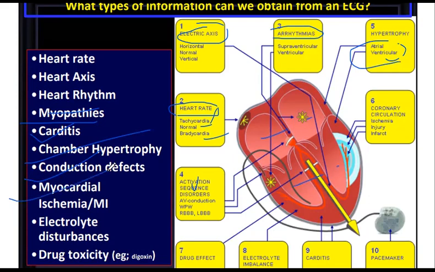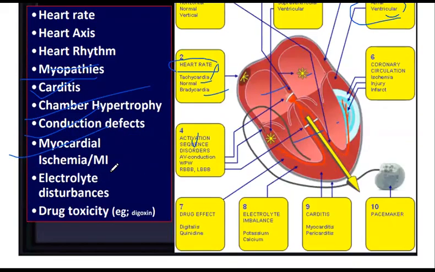Myocardial ischemia, any defect in the heart receiving blood from its own vessels, a defect in the coronary arteries. Electrolyte disturbance: if the heart is not pumping properly, are the sodium or potassium levels decreased? Tenth is drug toxicity, any drug which influences the heartbeat and functional capacity of the heart.